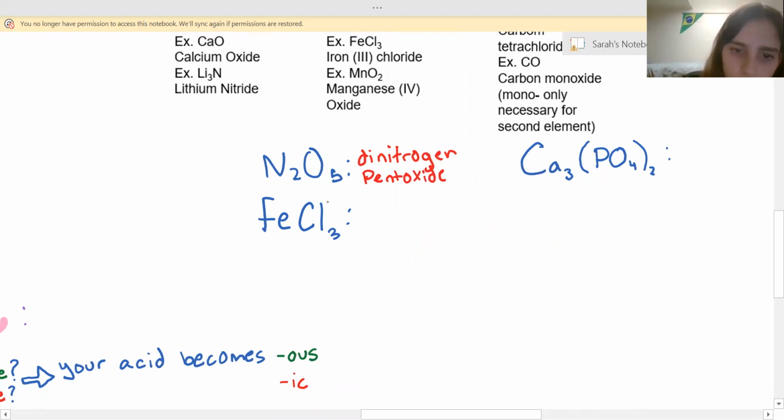So for example, chlorine has a very definite, consistent charge of -1. If we cross that to the subscript of iron, it is going to be 1, but we're not going to write 1. So you can see where I'm going with this. Since this is a 3, this comes from the charge of iron, which is 3+. So iron has a charge of 3+.